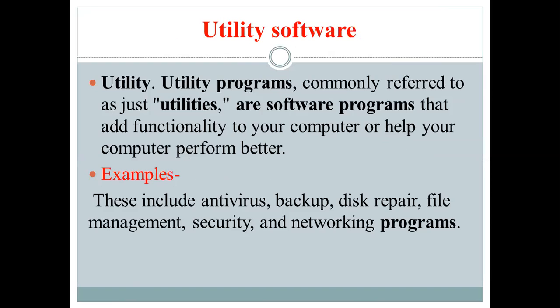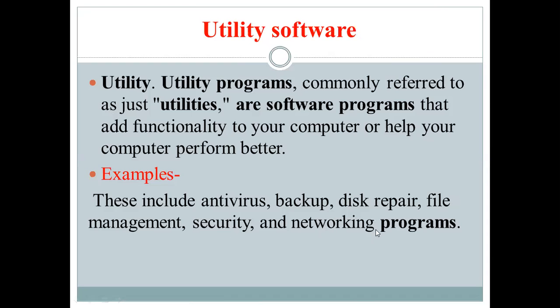Now the last one is utility software. Utility programs are a type of system software which creates a workable environment for the user to work with application software. So here some examples are given to you: antivirus software, backup, disk repair, file management, security, and networking programs.